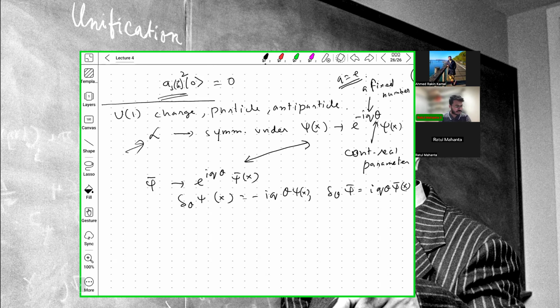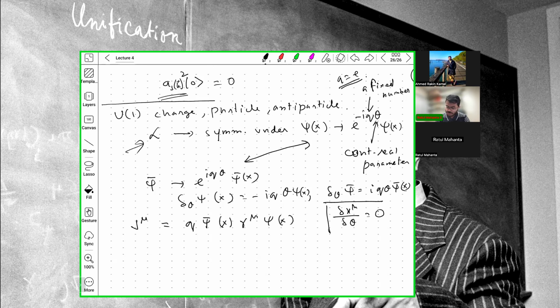I am not showing it, but it will give you a Noether current, which you can compute from the formula I have given earlier. Basically, the space-time part will be 0, because this is not a space-time transformation.